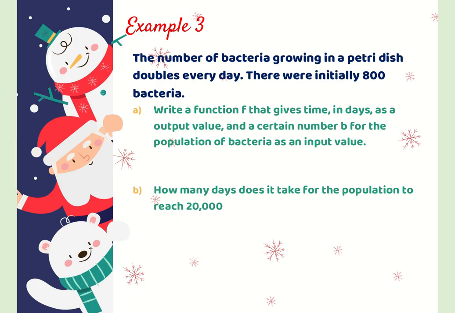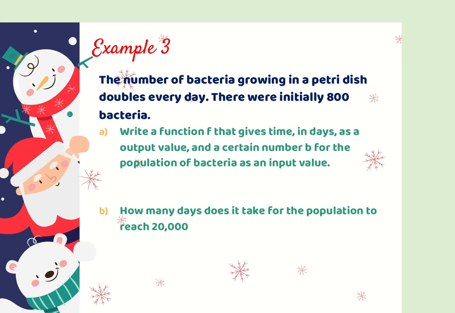So going into example 3, it says the number of bacteria growing in a petri dish doubles every day. There were initially 800 bacteria. A, write a function f that gives time in days as an output value, and then a certain number B for the population of bacteria as an input value. So think about why this is weird. It says it doubles, right?